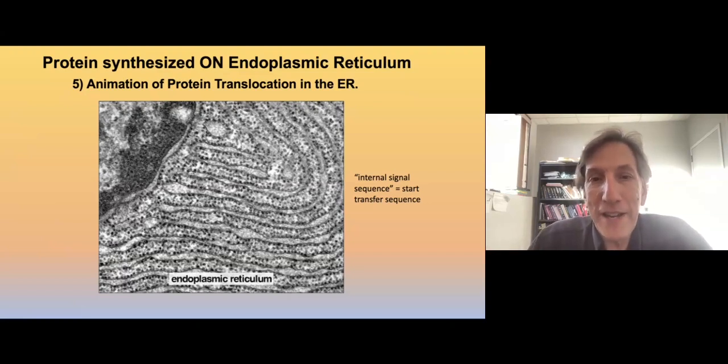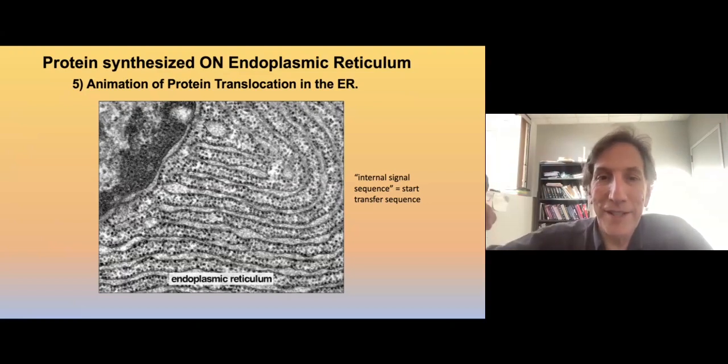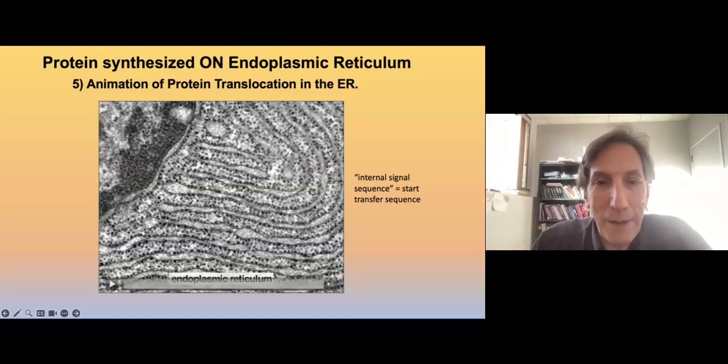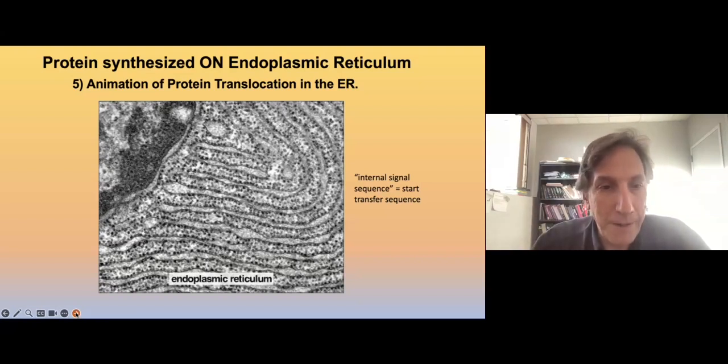They're not right at the end, but they're after the hydrophobic part. So once you've stopped the translocation, you can start translocation downstream, and that'll leave a loop outside. They talk about that in this video, but you're not responsible for that.